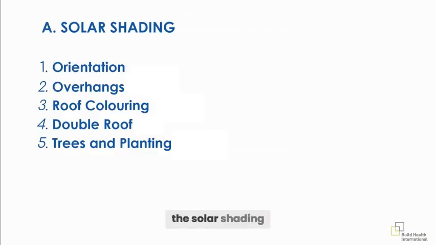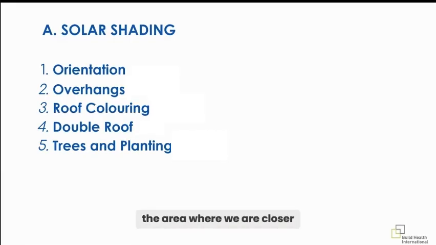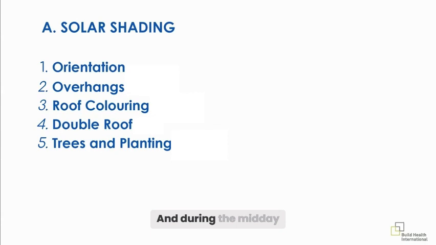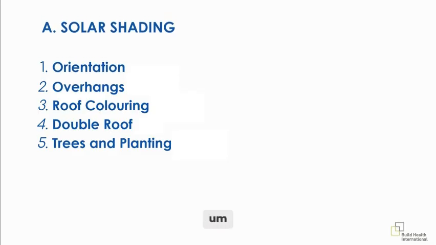Solar shading is a must. We are getting direct solar energy because we are within the area closer to the equator. During midday, you will realize that the sun is on top of your head. So the house has unlimited exposure to the sun during the day, and also absolutely no sun during the night.